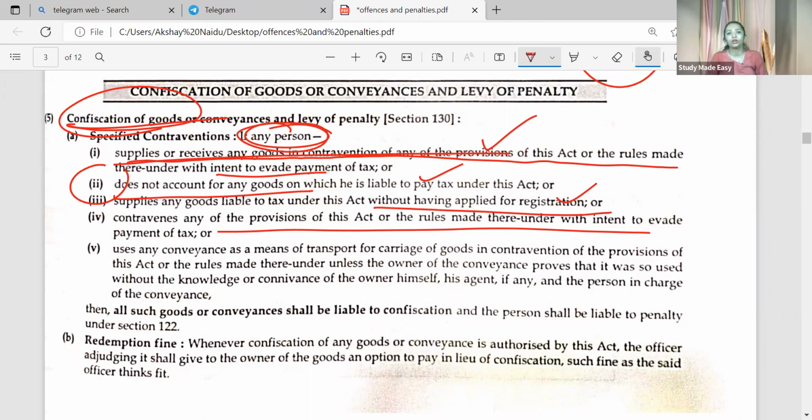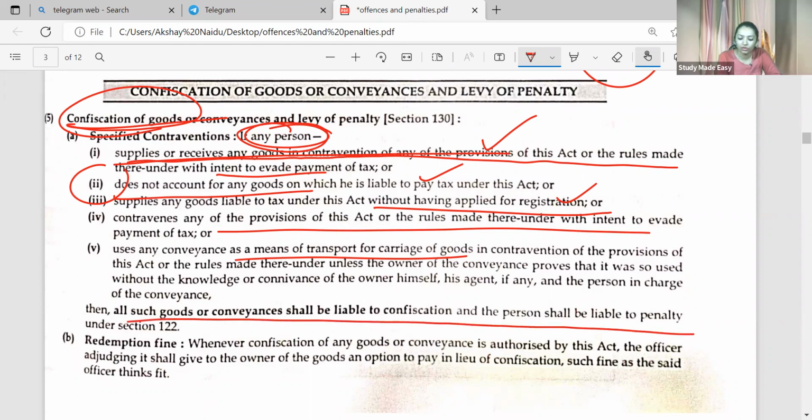Interstate supply you cannot do without registration. Compulsory registration की proceedings we have done in registration. अगर ऐसा कोई भी contravention you do, you transport such a good, such a conveyance that are not accountable, तुमने उन्हें account नहीं किया, तुमने उसका tax pay नहीं किया, e-way you have not submitted, so any contravention you do, confiscation will be done.